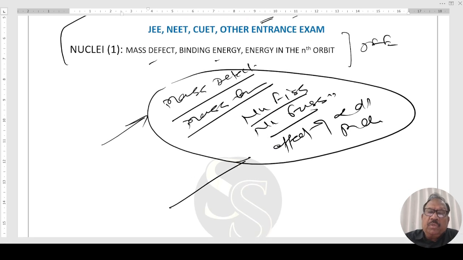Please go through the session completely, as it is very important for CBSE board, state board, and other entrance examinations. Now, let's start with the question.